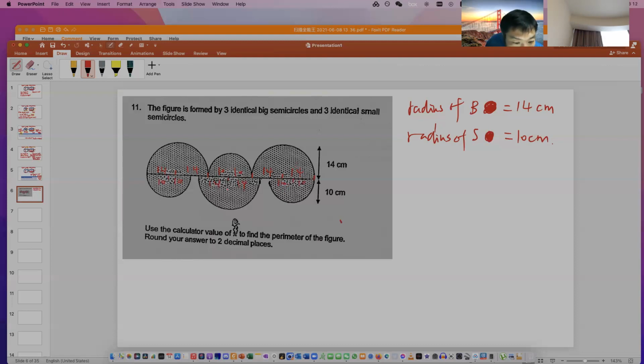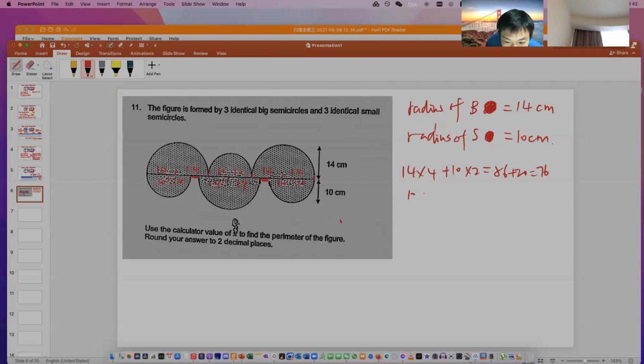So once you have this, you could have gotten these two already. Above you have 14 four times, then plus the 10 twice. So 14 times 4 is 56, and 56 plus 20 is 76.